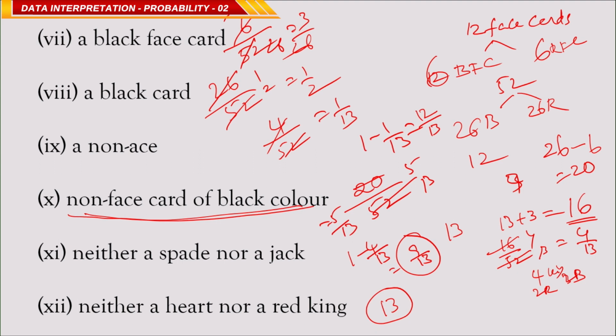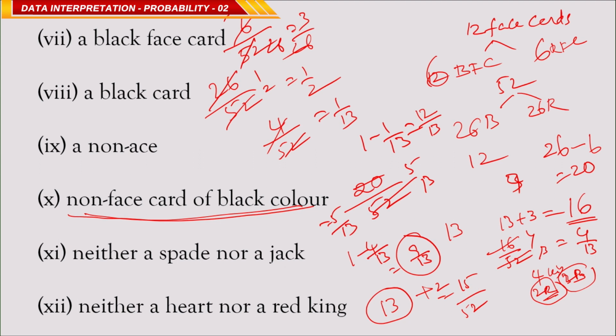So, not a red king: 2 red kings are there, so we have 2 black kings, correct, 2 black kings. So you have to consider 13 plus 2, 15 by 52, correct.